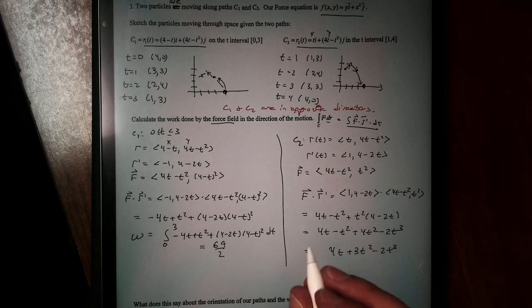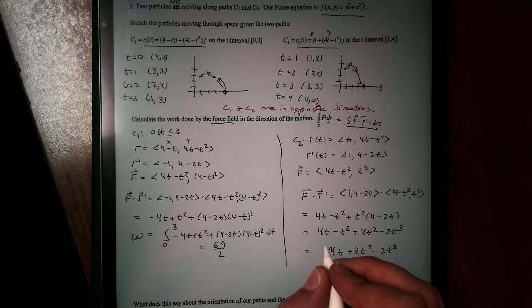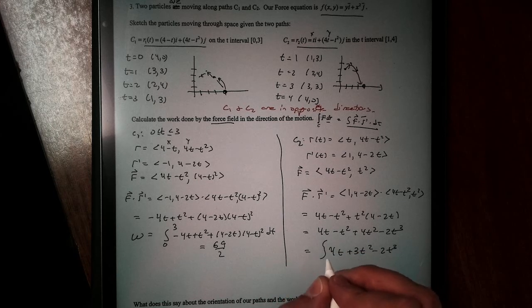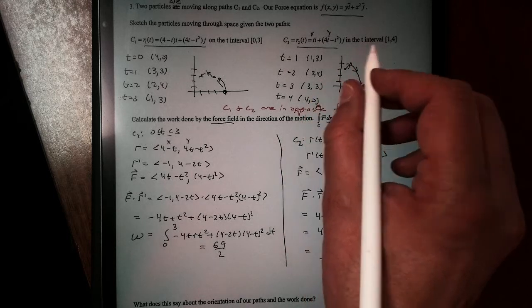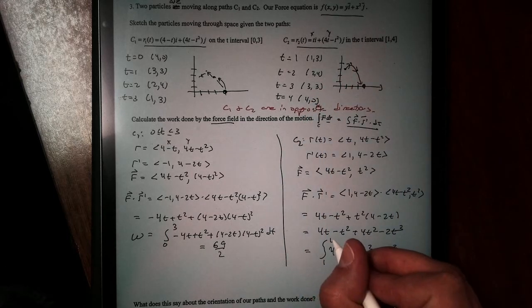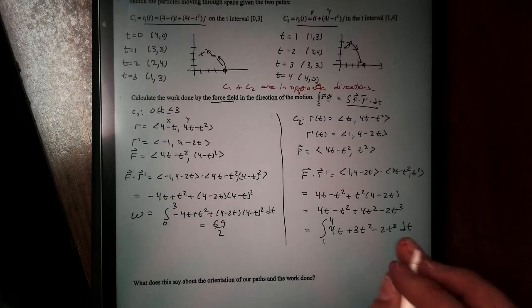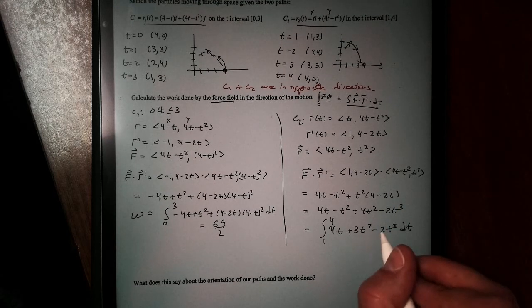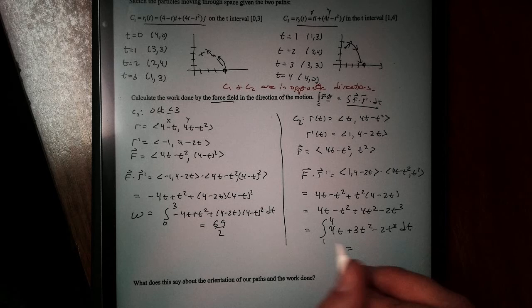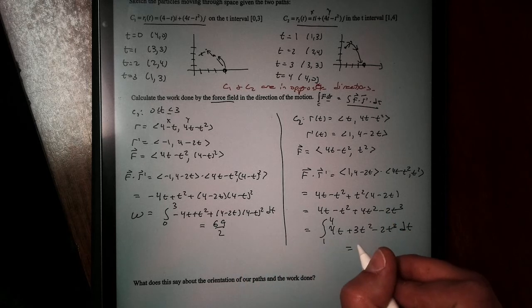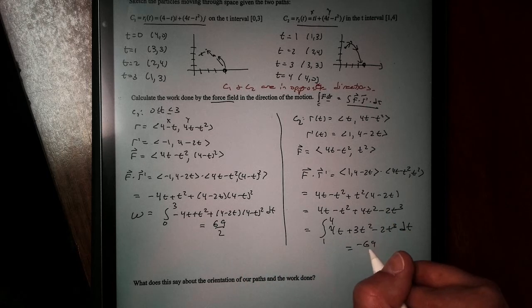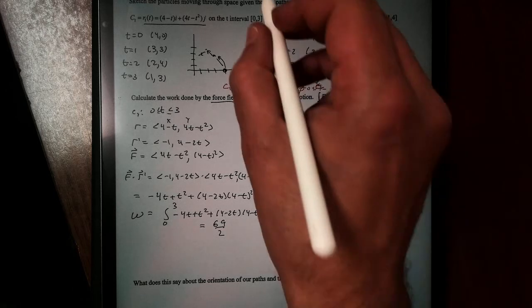And remember, to get my work now, I am going to integrate this. In this case, our path goes from 1 to 4, t equals 1 to 4. Don't forget your differential dt. And again, this one's not that bad to solve. You can do this one by hand, much easier than the other one. But what we wind up getting is negative 69 over 2.